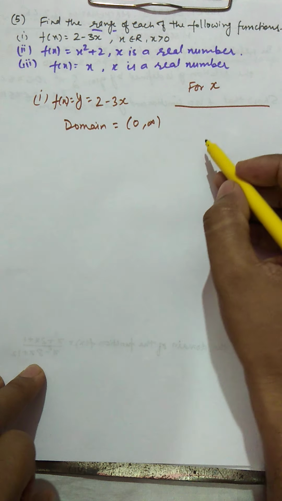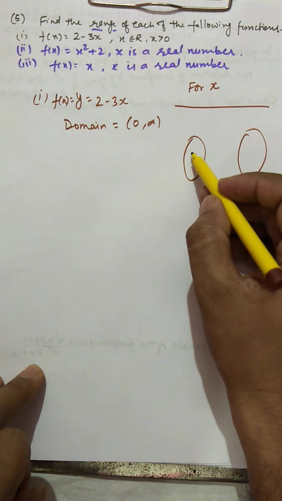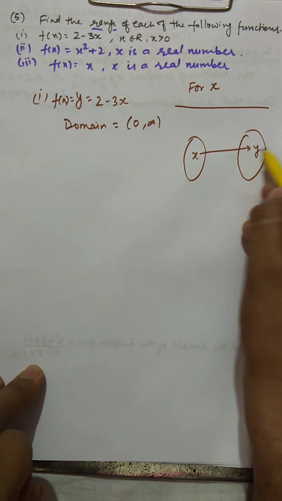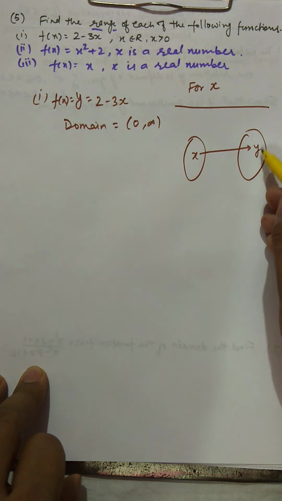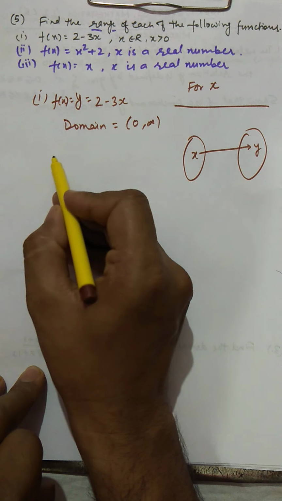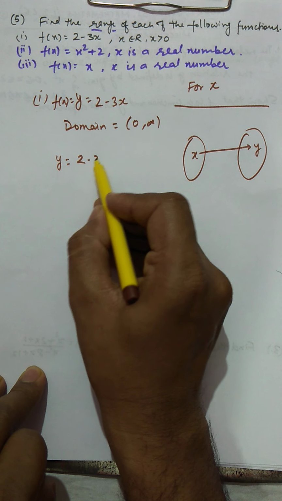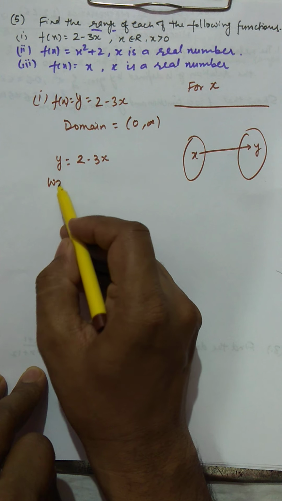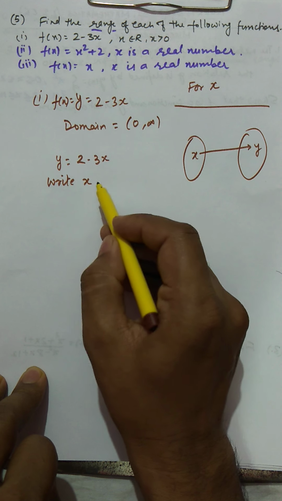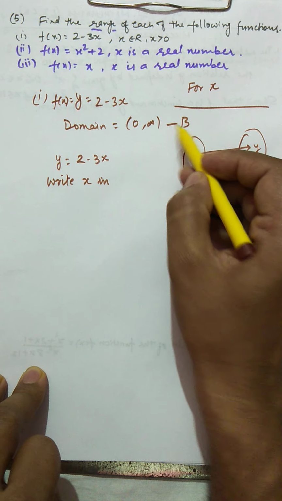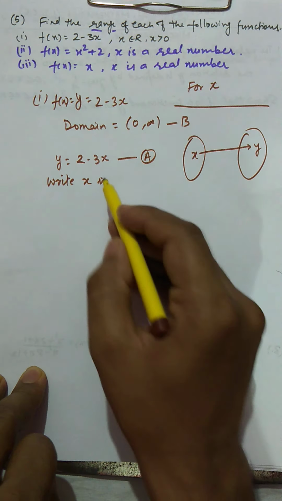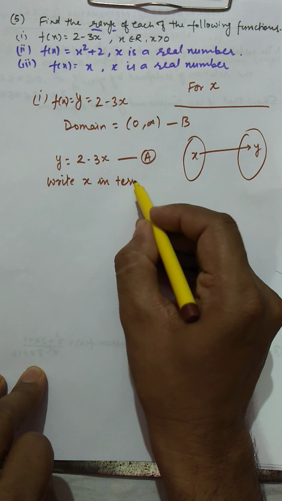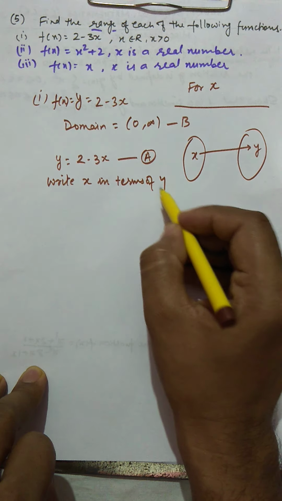Now come to the range. I told you how it is defined. Let's say some value of y is in the range, such that y equal to 2 minus 3x, and then we write x in terms of y. Write x in terms of y.